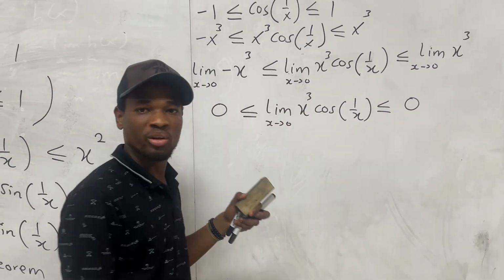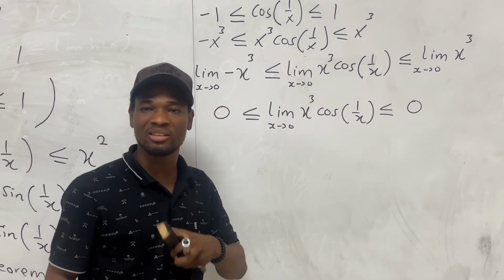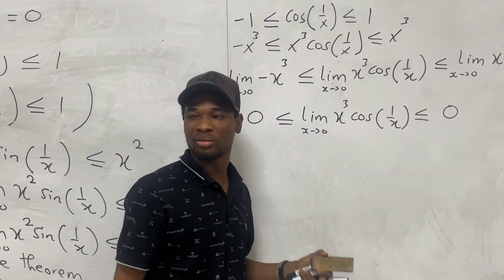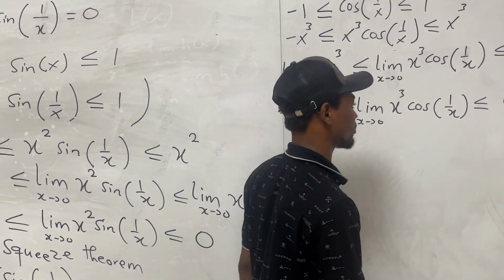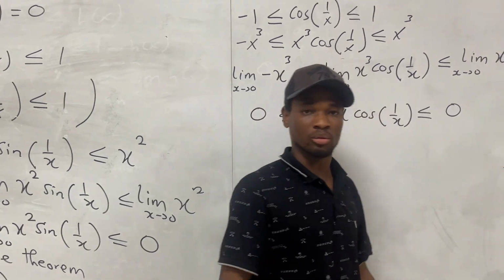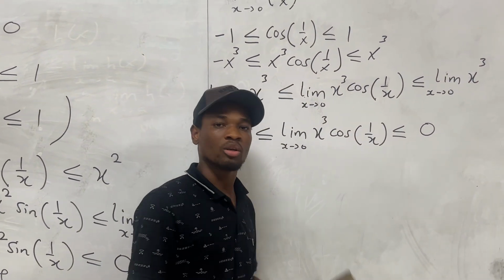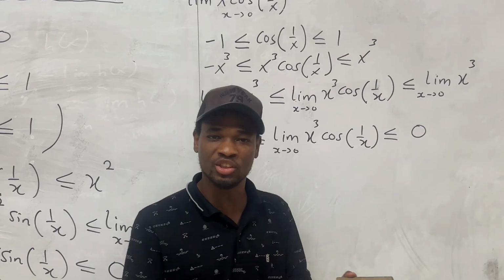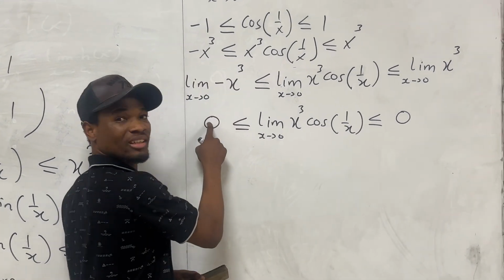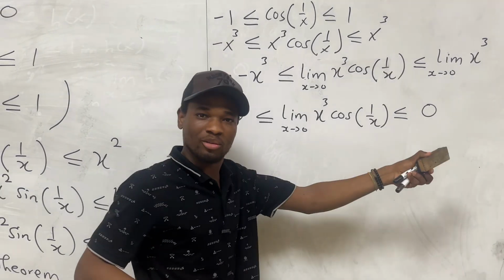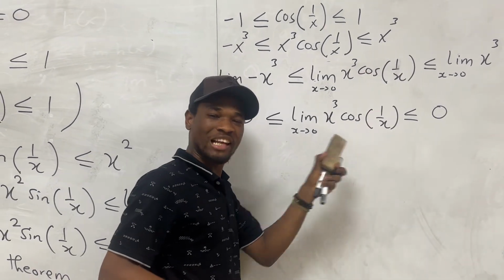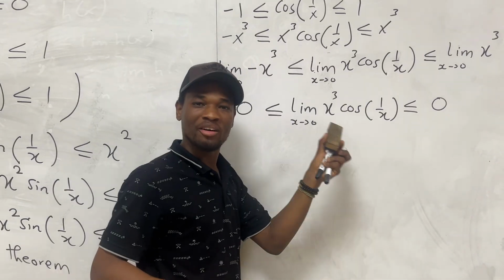So now, by the squeeze theorem, since this is equal to this, in other words L equals L, therefore L is equal to the limit of the middle function.